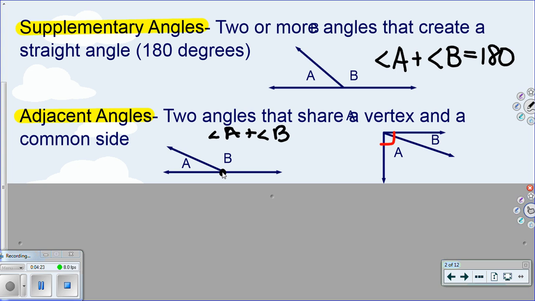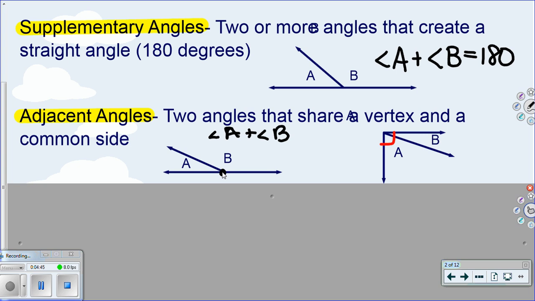So it's kind of like the pairs where you get 2 lines and they intersect. It's just talking about the point where they meet. A vertex is just the corner of an angle. So if I were to just draw one angle here, this is the vertex. It's just the point of the angle where the 2 rays meet, the 2 sides.